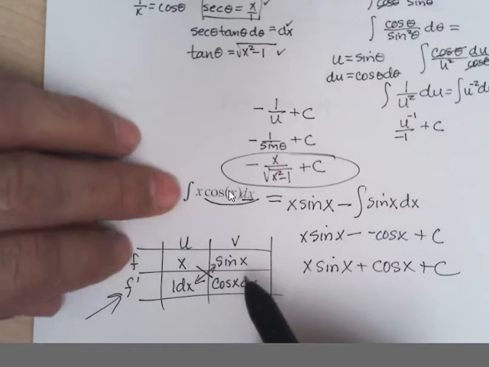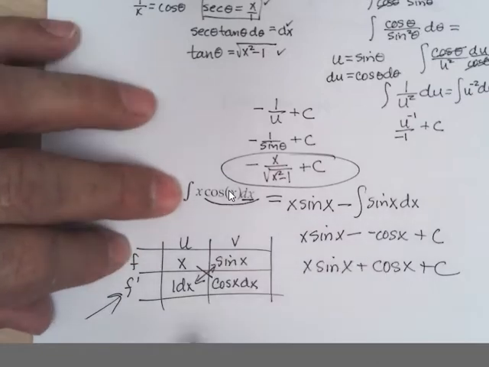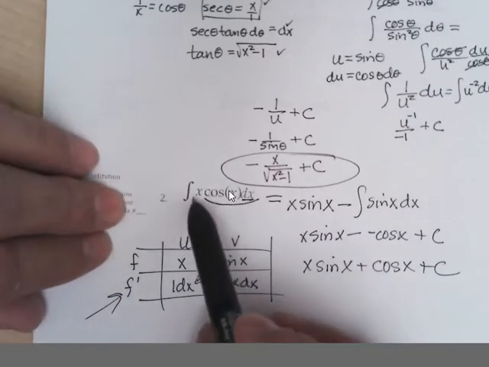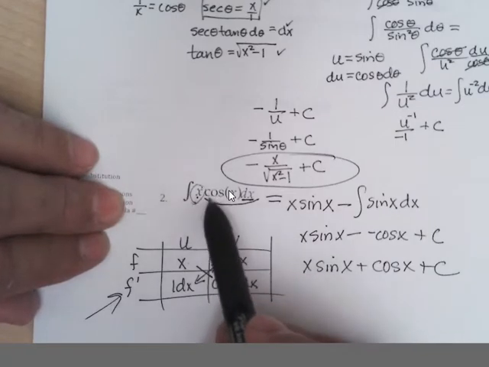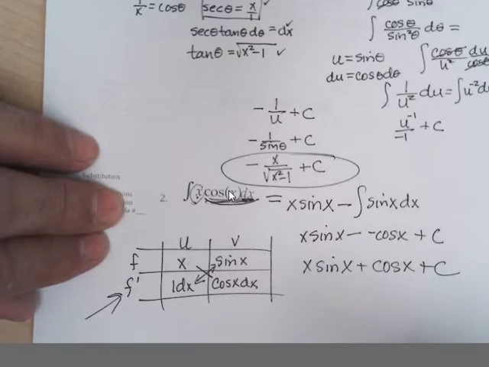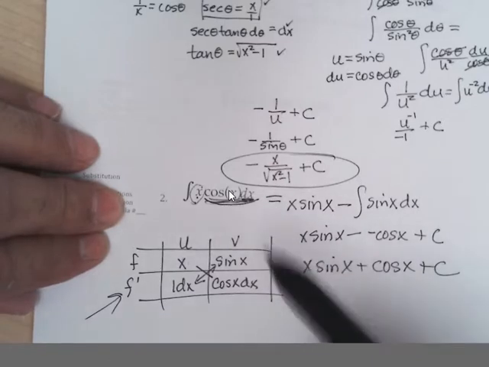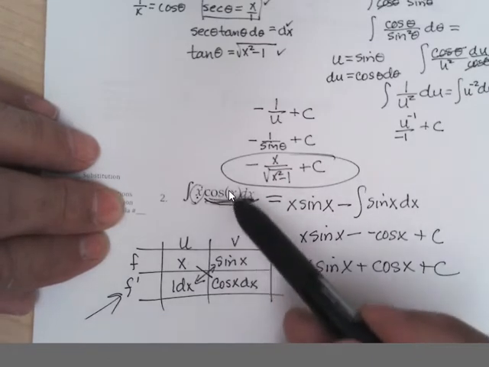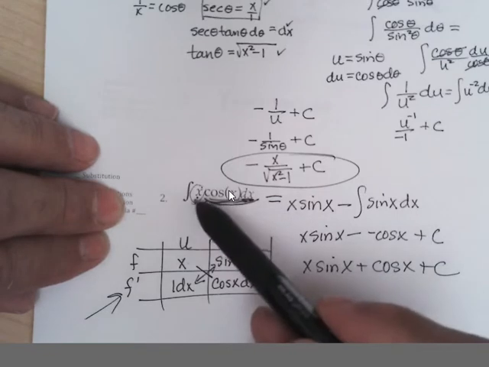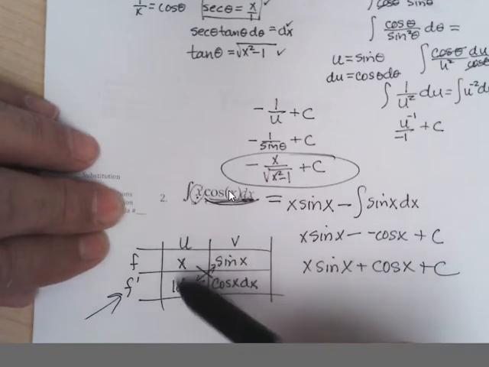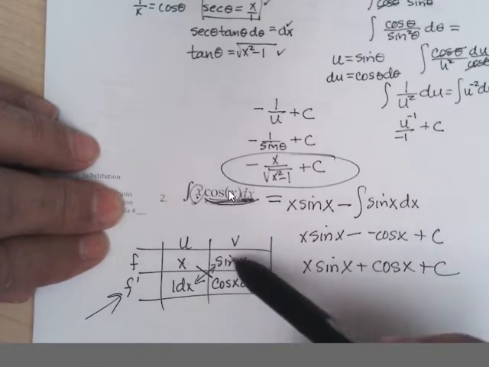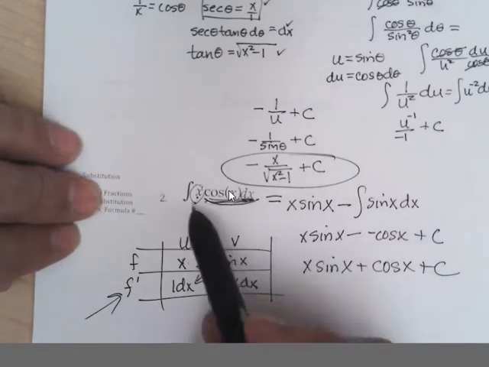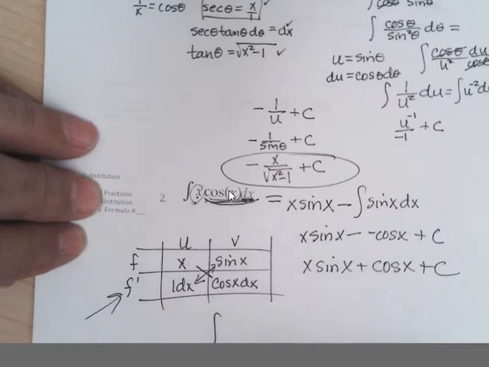Now we could also do it by using, I just want to say that usually if we have a number, an x or an x squared or an x to the third, and something that doesn't reduce, just changes like cosine to cosine, or e to the x stays e to the x, we usually let this be the u, and then take the derivative of it, and the rest be the dx, the derivative and antiderivative of that. There is the one exception, and that's if we had ln x in it.